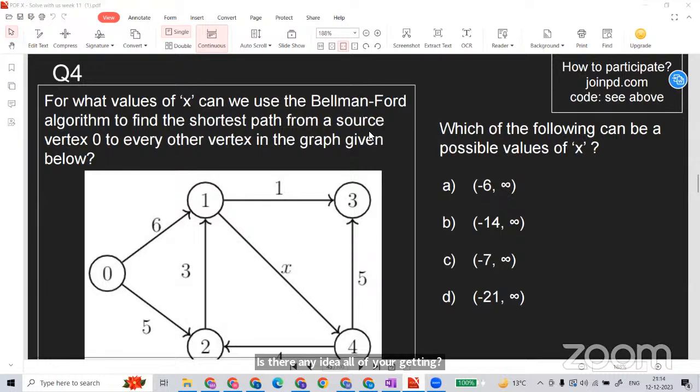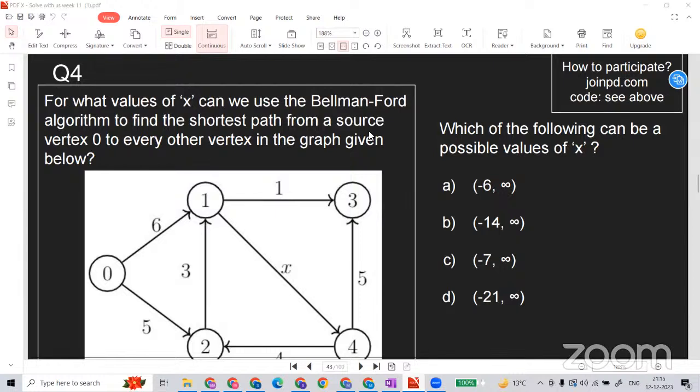Which option is going to be correct then? C. C, right? Why do you think that C is correct?